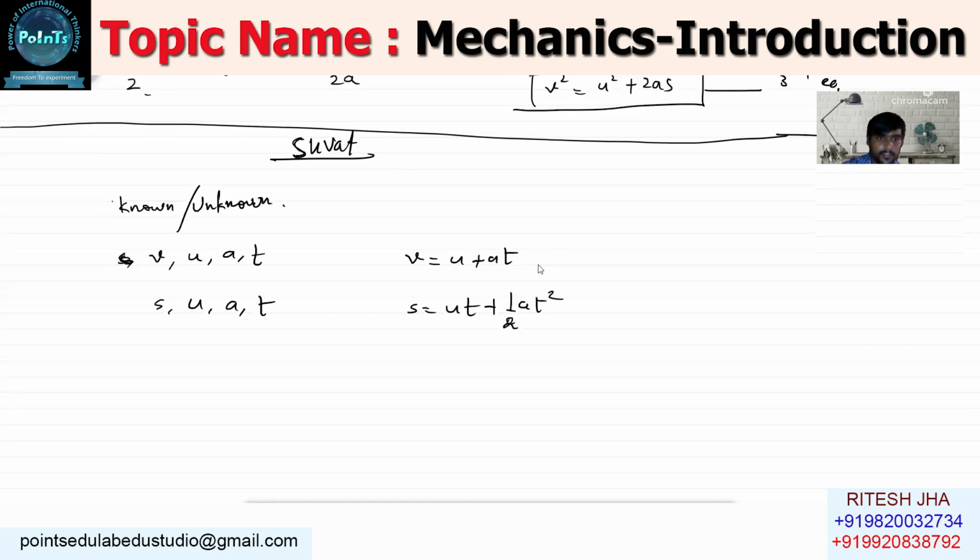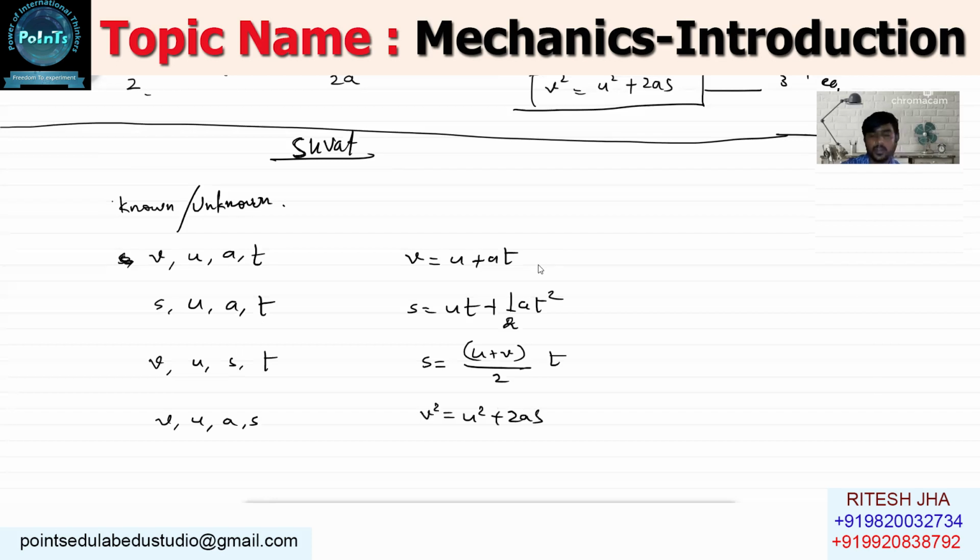If it is V U S T, then we use s equals (u plus v) over 2 into t. And if we have V U A S, then we use v squared equals u squared plus 2as.